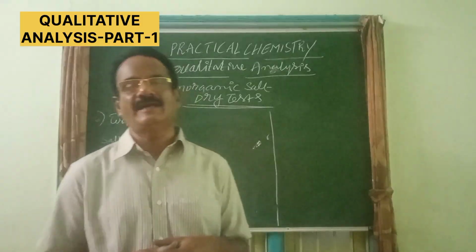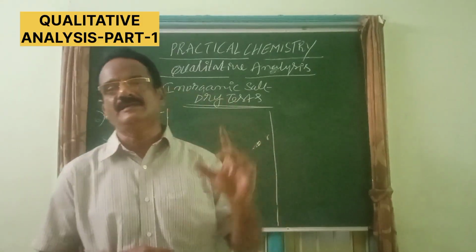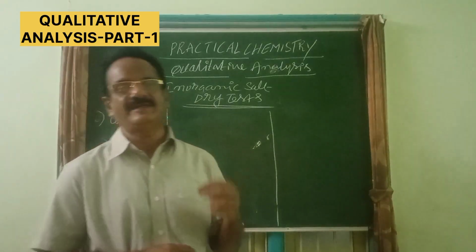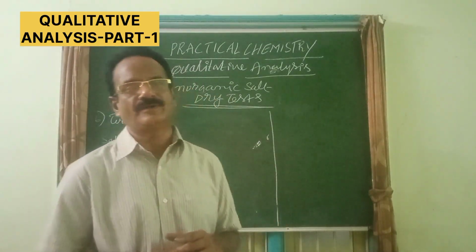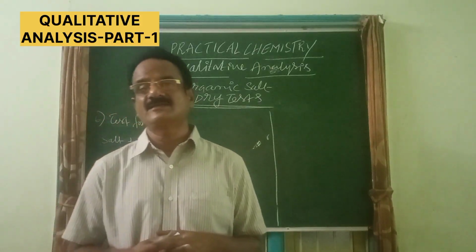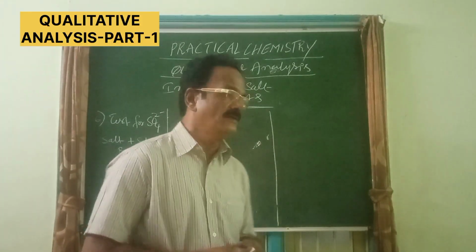It is prepared by adding excess of barium chloride to the water. If you observe in the bottle, some extent of barium chloride remains undissolved at the bottom of the bottle because it is sparingly soluble salt. BaCl2 is sparingly soluble salt, keep in mind.